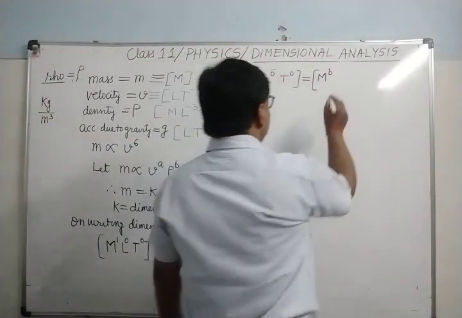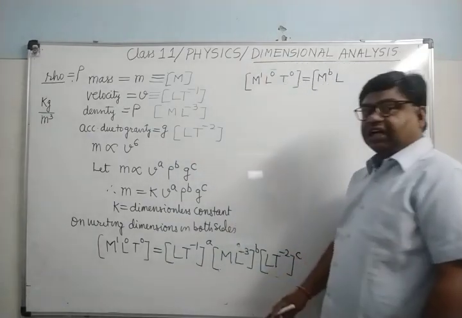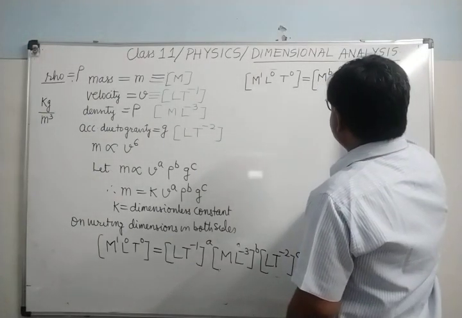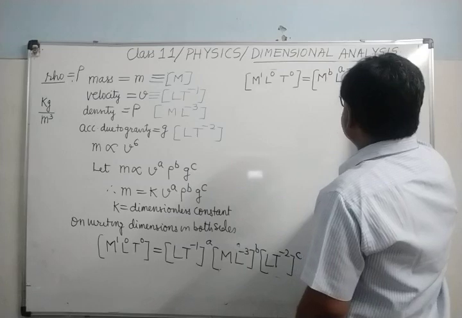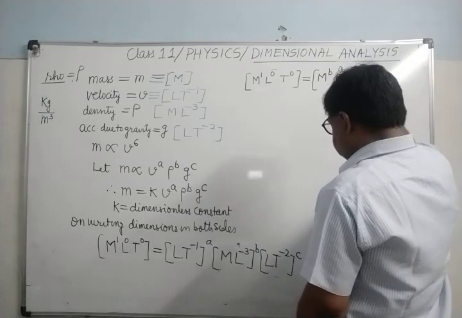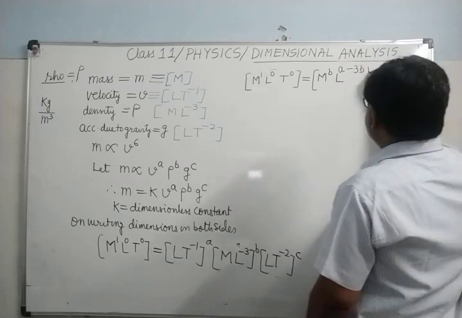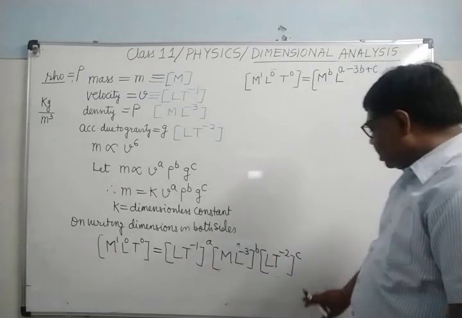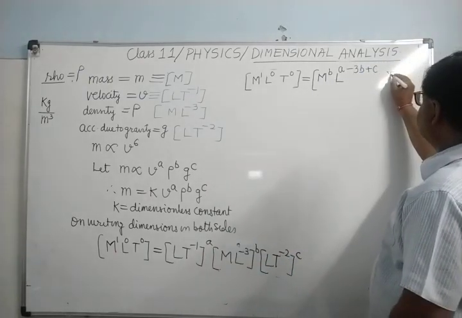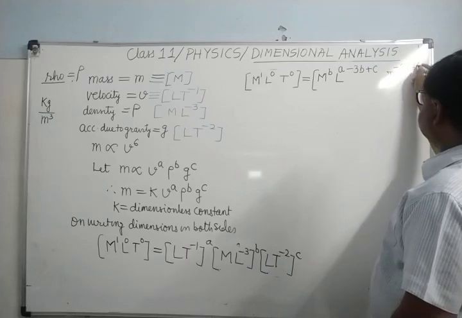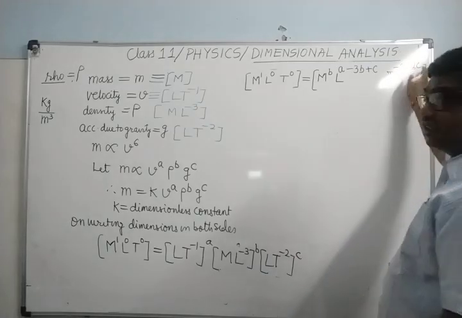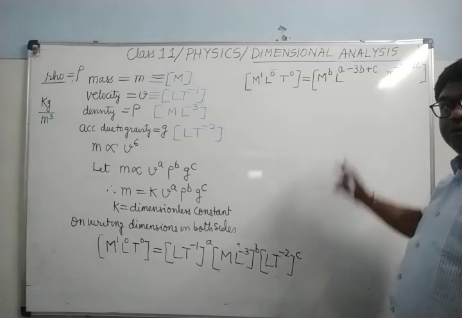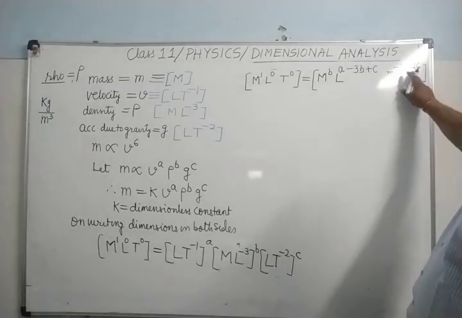As you know, if the bases are the same, then powers are added. So L to the power a minus 3b plus c. Then T^-a from here and T^-2c from there. So it is T to the power minus a minus 2c.